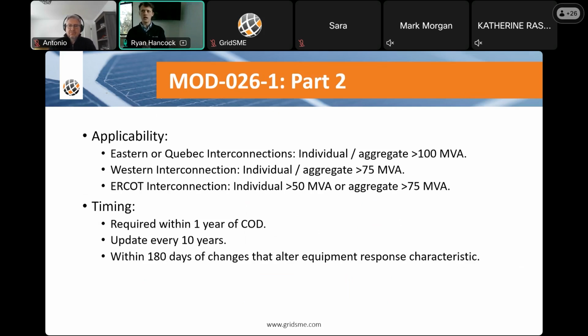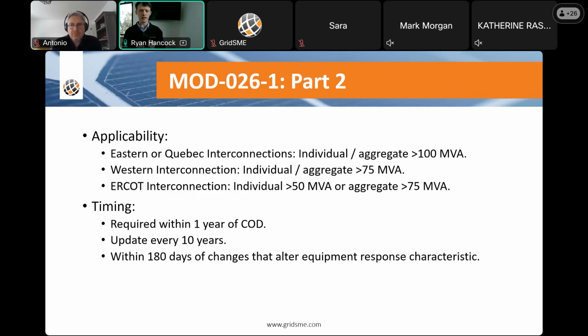If you're in the Eastern or Quebec interconnections, then individual or aggregate generators with a nameplate greater than 100 MVA and connected to the bulk electric system will need to submit Mod 26. In addition, if you're in the Western interconnection instead, it's 75 MVA for both individual and aggregate generators.